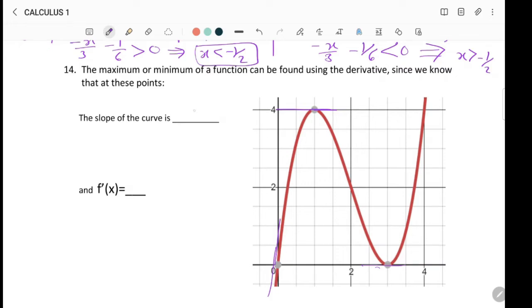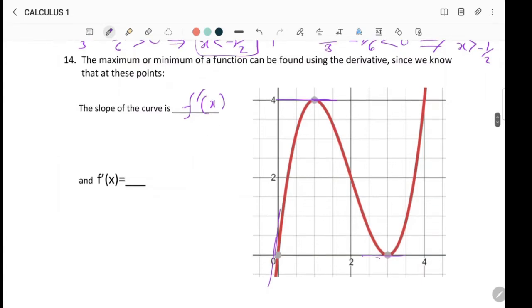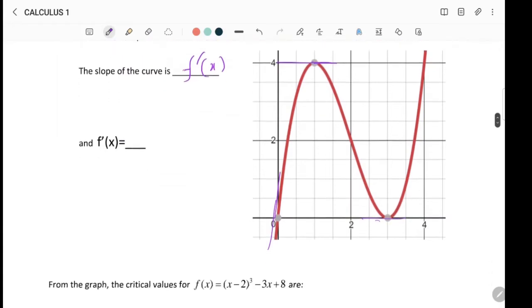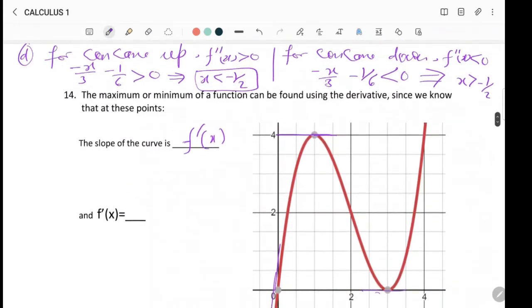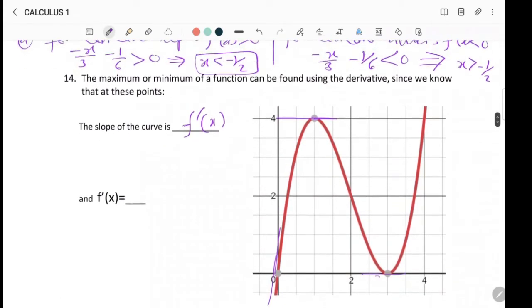So the slope of the curve, in general, is f dash x. This should be the answer, because they are not talking about a specific point, right? So the slope of the curve should be f dash x. Do we have the function? We don't have the function, right?